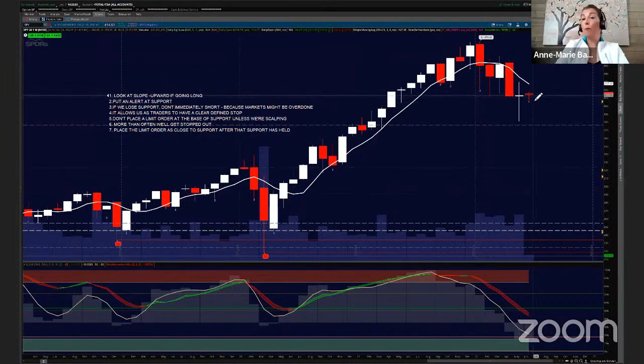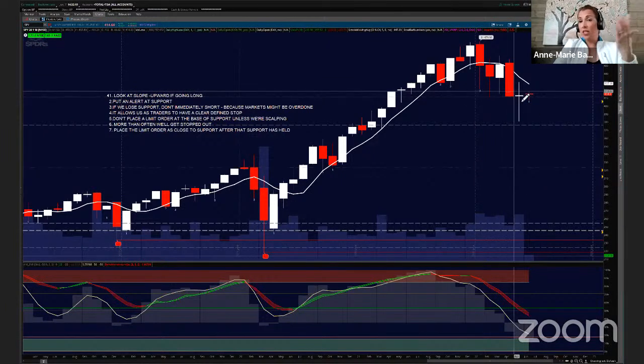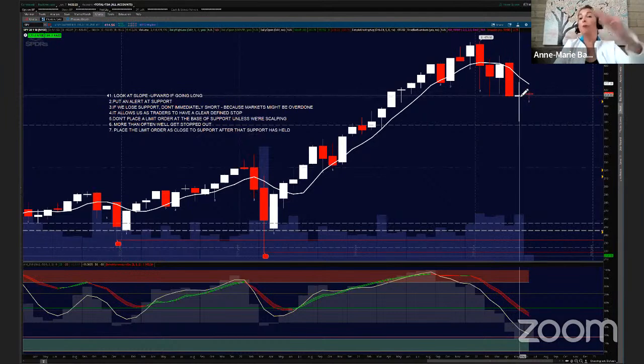And so for me, you might say, well, Anne-Marie, why are you looking at something like this to go long? Here's the thing. I have a candle. That's my support zone. This candle is my first candle to close above my support zone.